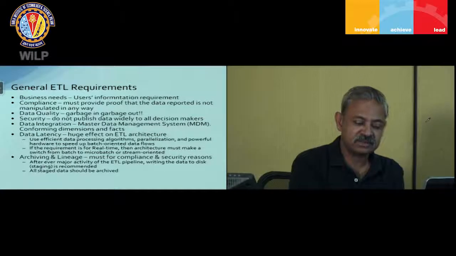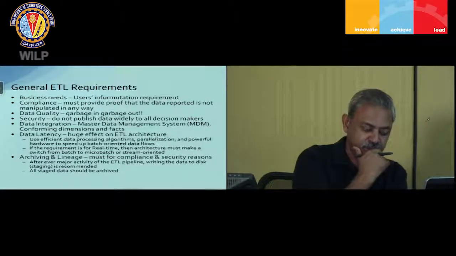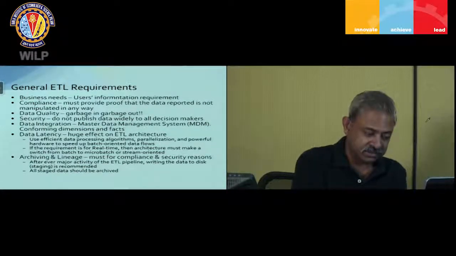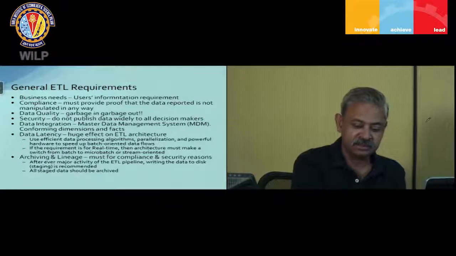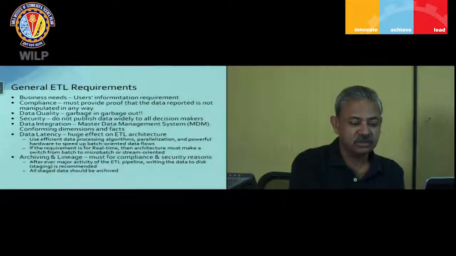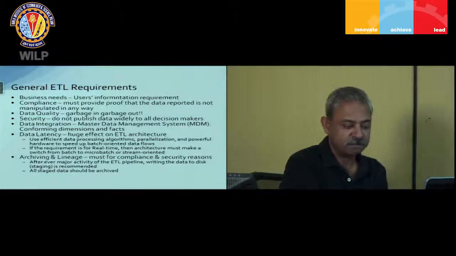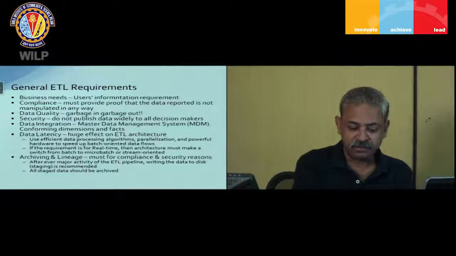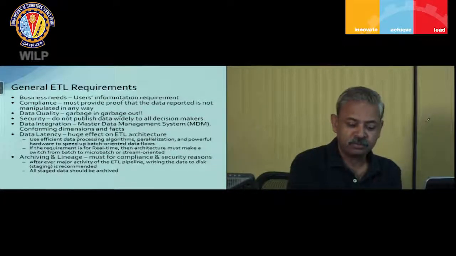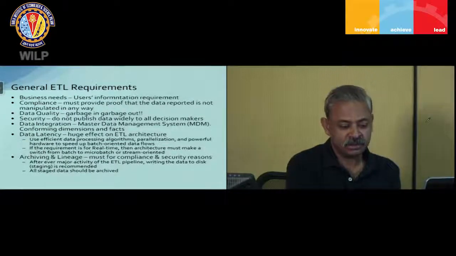And similarly, facts should also be conformed, that is, they could be present in multiple fact tables, and things like drill across should be possible, right? Drill across is a kind of query where you try to connect information that is there in more than 2 fact tables.